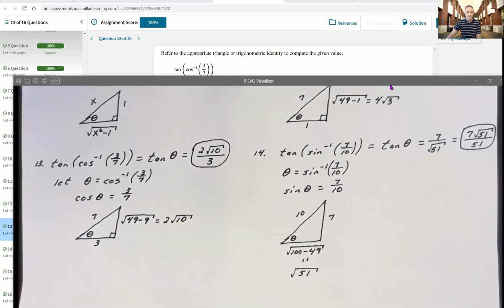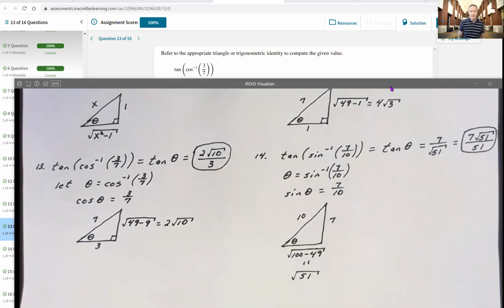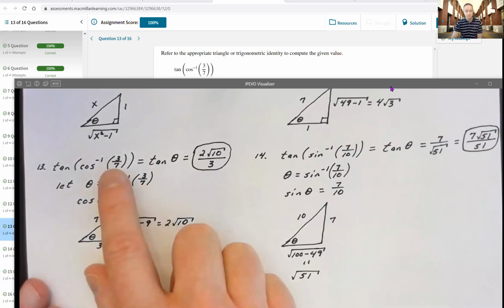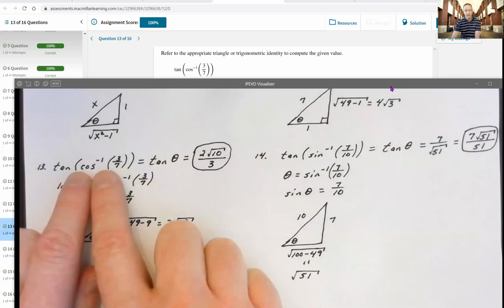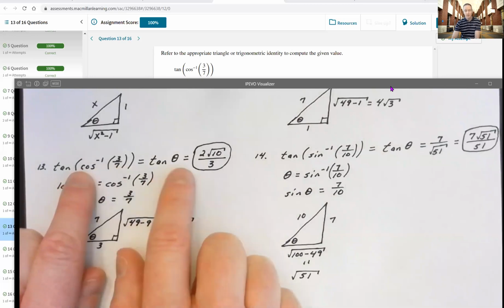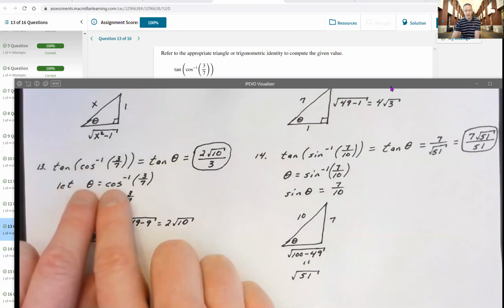For the next problem here, we have the tangent of the inverse cosine of 3/7. Again, you'll see I'm going to have theta represent that inverse cosine. In order to get to this step, I show my work down here.